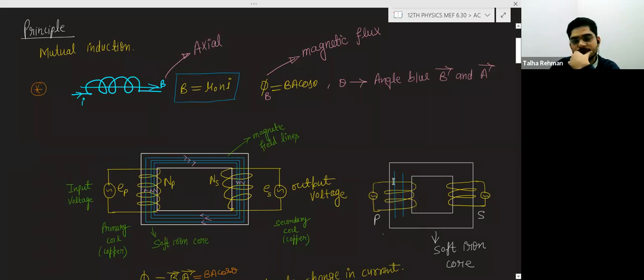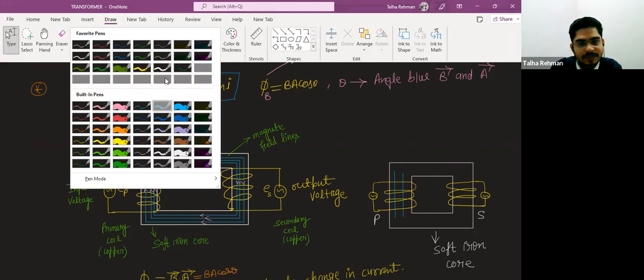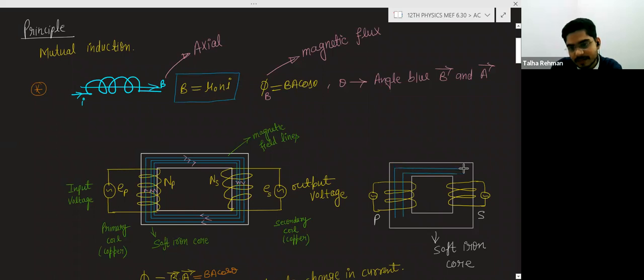But here is the soft iron core, and this soft iron core has a property to confine the magnetic field lines within. So due to this, these magnetic field lines will be confined like this, and pass through, or you can say cross, this winding also.